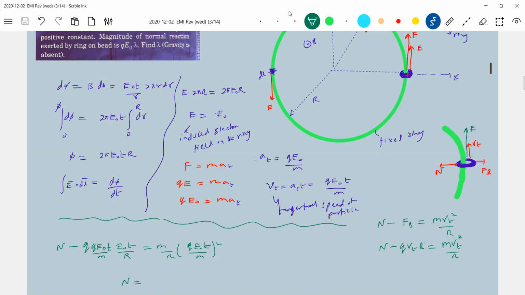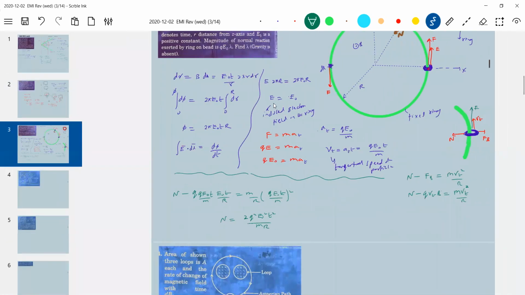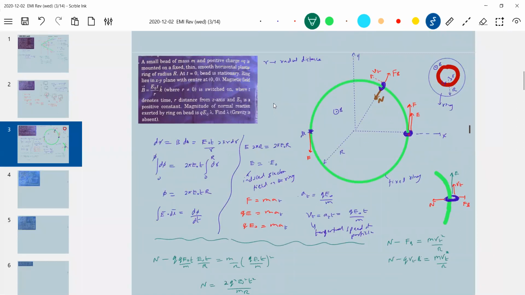Velocity, fine. N equal to, we are getting 2 times. m will not be there. Okay, fine. Some interlinking of ideas: induced electric field, then interlinking of ideas.